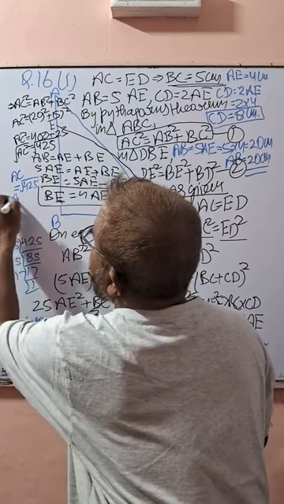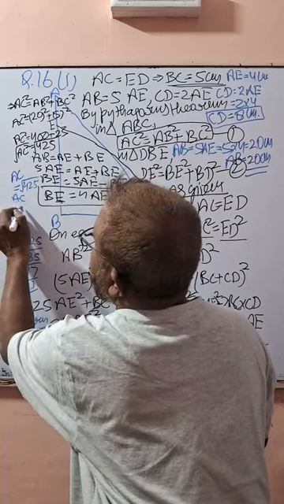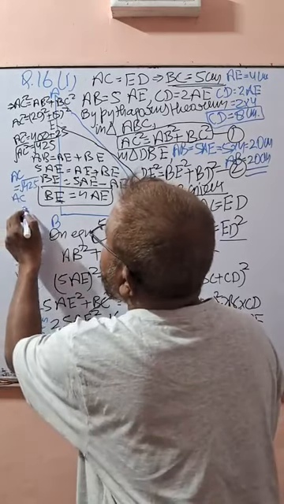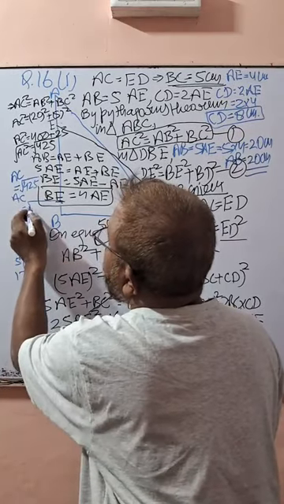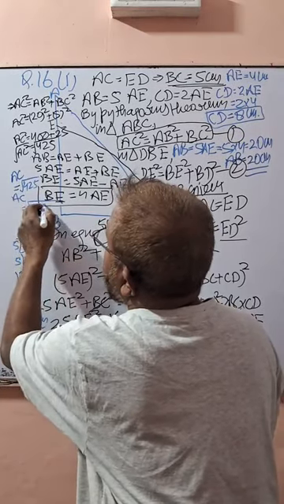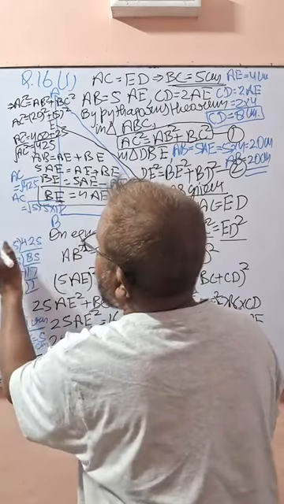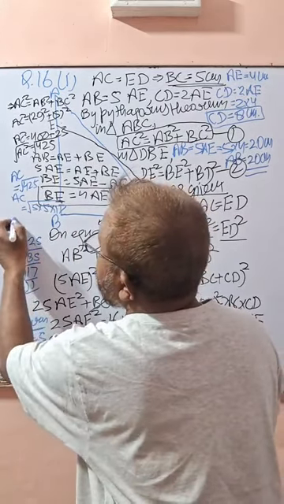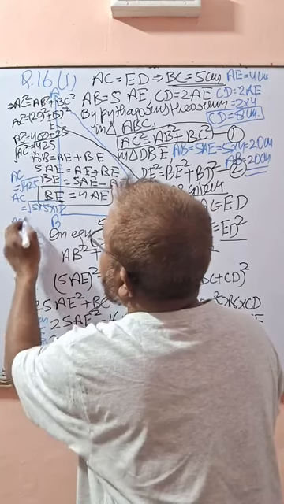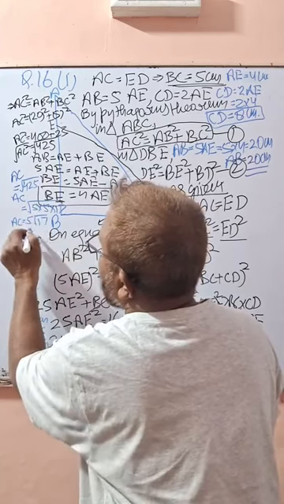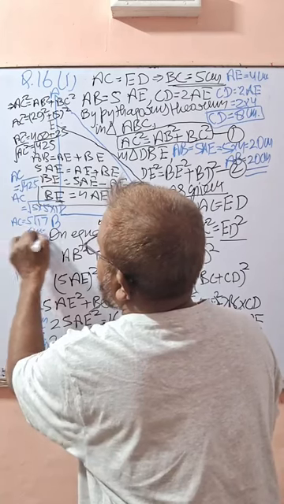So we have AC is equal to root over 5 into 5 into 17. So we can write AC is equal to 5 root 17 centimeter.